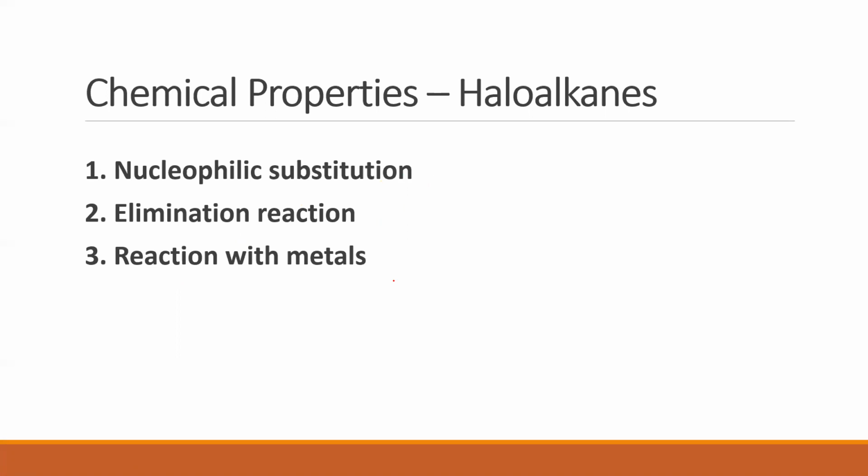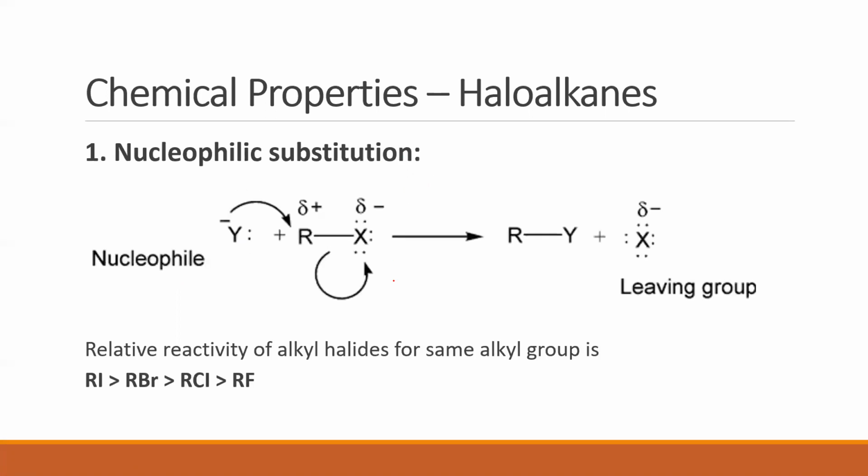Let's start with the first chemical property, which is called nucleophilic substitution. Before we go into the reaction, let us understand this term nucleophilic. Remember, in the first year, when we got introduced to the basics of bond cleavage, we said that a bond can be broken in two different ways. Which are the two ways? Yes, homolysis and heterolysis.